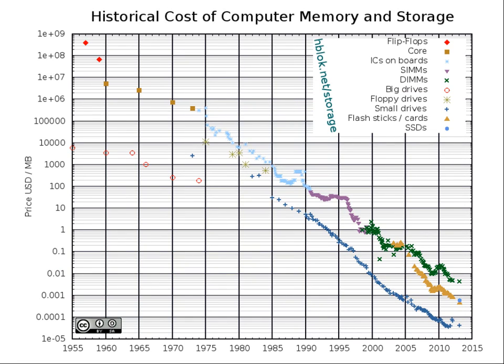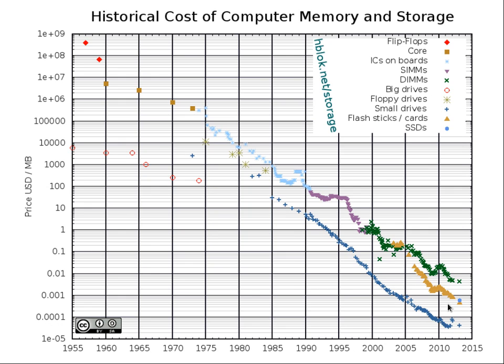Okay. Ooh, historical cost of memories. As you can see, keep in mind that this is a logarithmic scale, so it's not just a linear decrease, it is an exponential decrease in price per, what was it? It should be price per megabyte. Okay. 0.0001 cents.